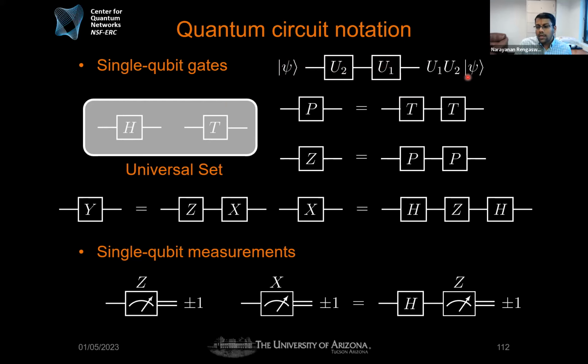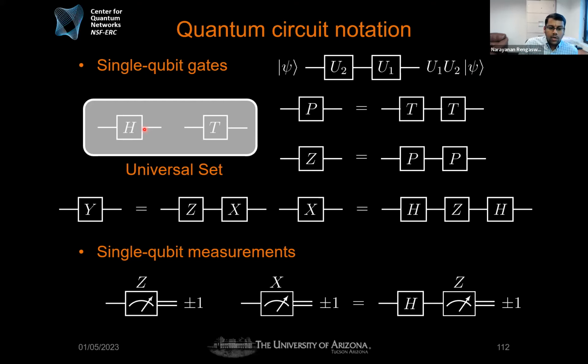So when you write the output, you have to first apply U2 and then U1. So this will reverse. That's something you just need to keep in mind. When you read circuits, you go from left to right, but when you write the output state, you have to go from right to left and write it in the right order. So hopefully that makes sense.